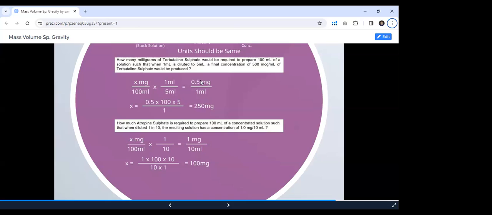That can give you the resulting concentration X, meaning how much mg is in 1 ml. In that case, you put everything just like this, put X here and solve for it. You just manipulate the whole equation according to the x on the right side, and you will get the resulting concentration as well.